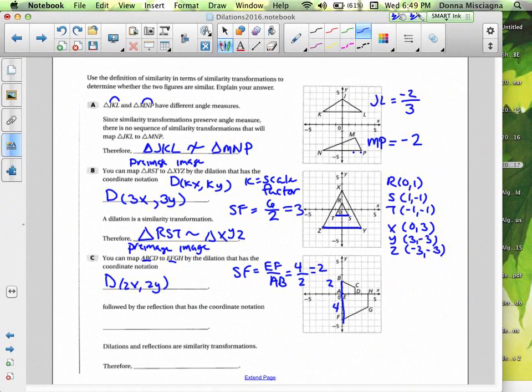So A is at 0, 0. B is at 0, 2. C is at 2, 1. And D is at 2, 0. Boy, that's crooked. And then E is also at 0, 0. F is at 0, -4.